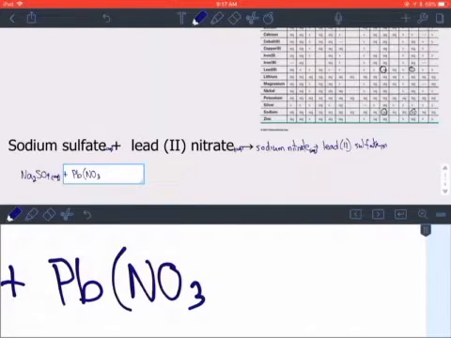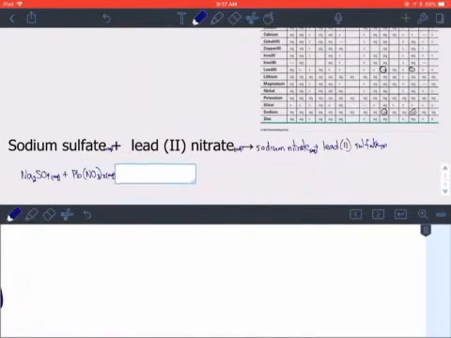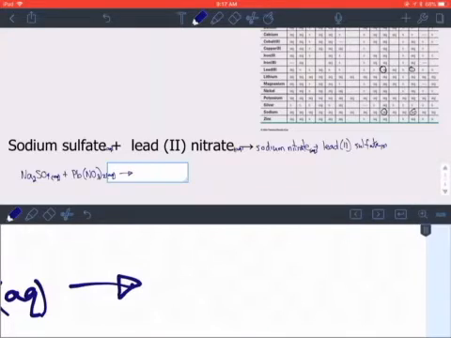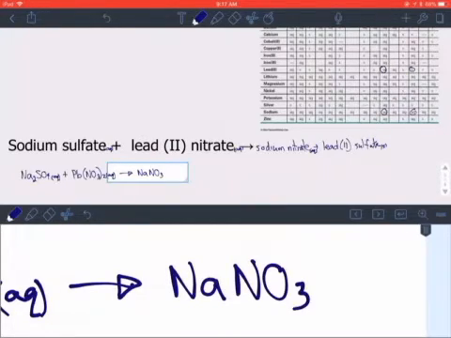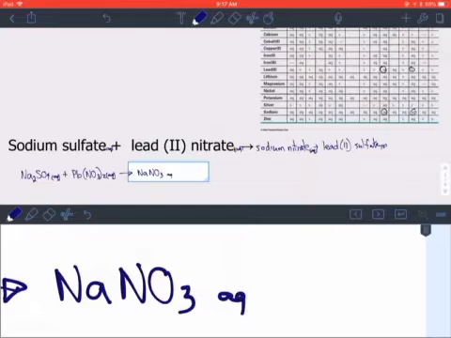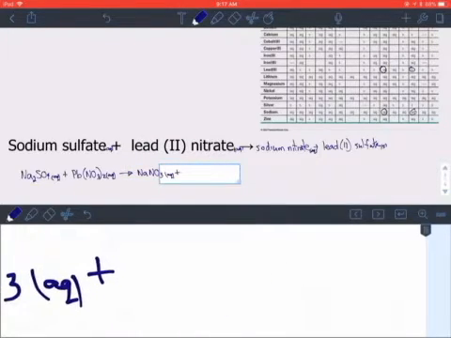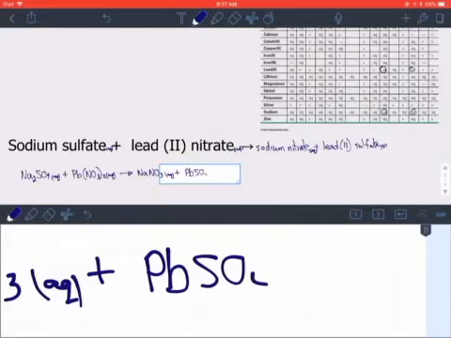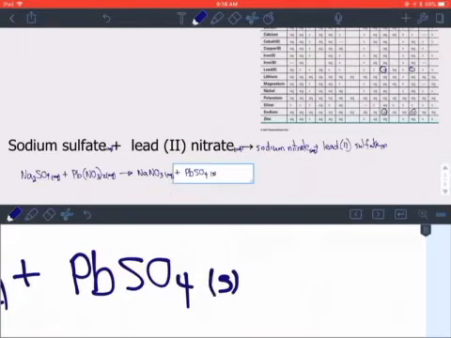Nitrate has a charge of 1, so we need brackets to cross over the 2, and it is aqueous. Sodium nitrate, Na, charge of 1, NO3, charge of 1, so that's done. Aqueous. And lead, Pb, charge of 2, sulfate, SO4, charge of 2, and so that is done as well, 2 and 2, and there's our solid.